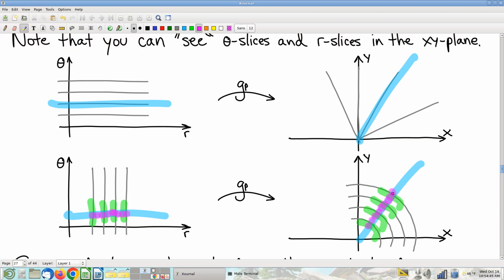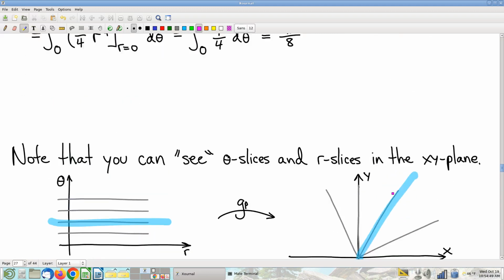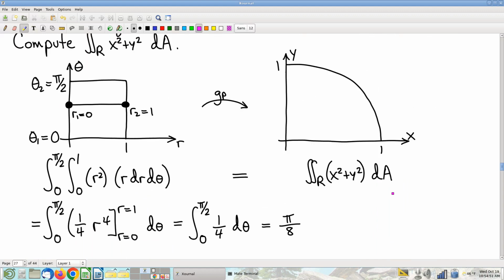Right? So the big idea then, what I did over here, I had my initial domain. I don't like it. I did the pullback. I understood and drew my pullback domain so that I could slice it up, kind of in the usual way, flat r slices and theta slices. I can see exactly what they look like in the r theta plane.